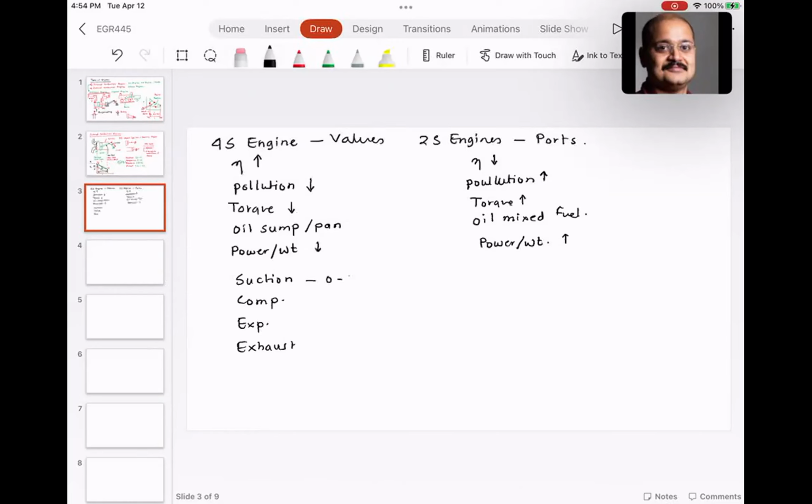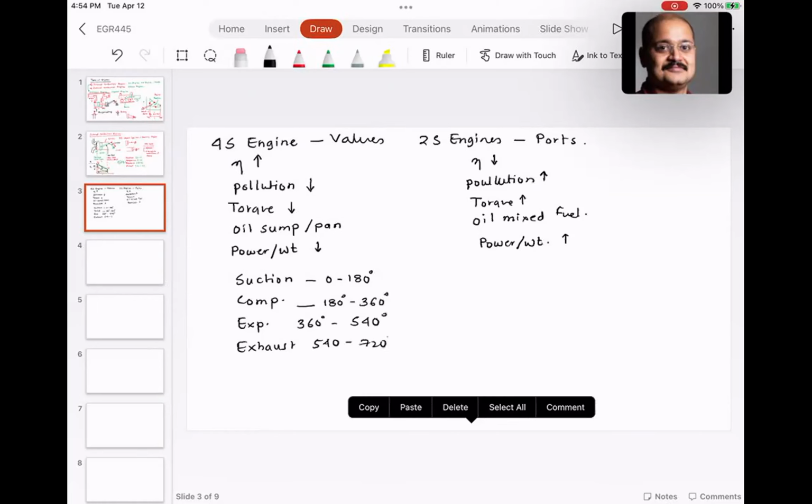So 0 to 180 degrees, suction takes place. 180 degrees to 360 degrees, compression takes place. 360 to 540, expansion takes place, and from 540 to 720, exhaust takes place.